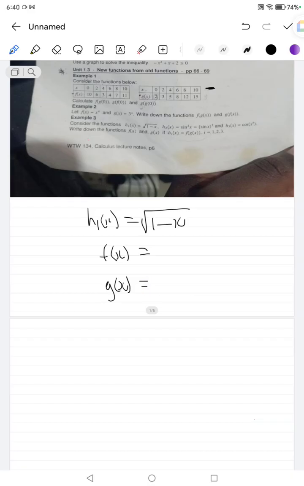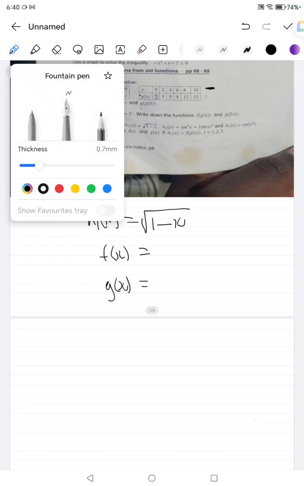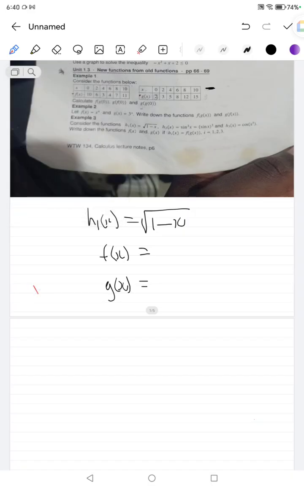The order is, if you've seen that they've written f of x and then g of x, always assume that the last one they've written is the one on the internal side, and the first one is the one on the external, the outside.